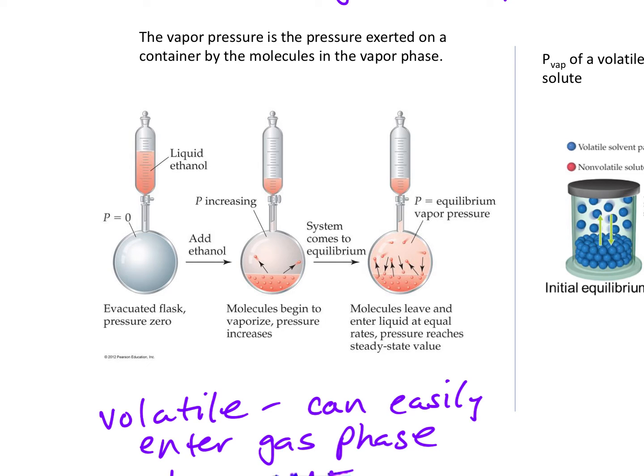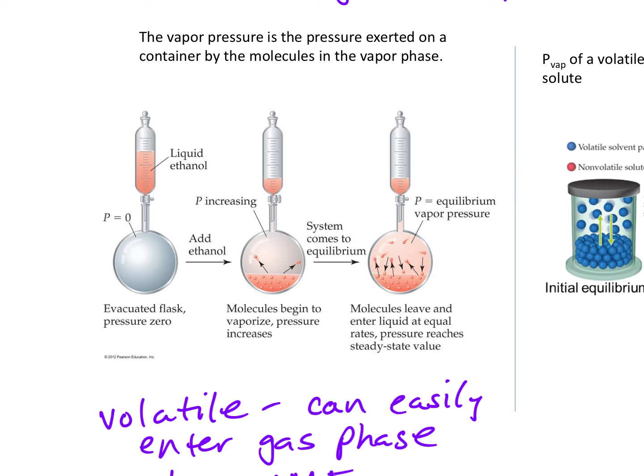So this figure that we have here is showing the example of how molecules enter the gas phase and exert pressure. If we have a flask that is completely evacuated, has a total pressure of 0, and then we add to it some amount of a volatile liquid, in this case ethanol, the molecules begin to vaporize, and eventually they come to equilibrium, where there are molecules entering the gas phase at the same rate that they're condensing back into the liquid.